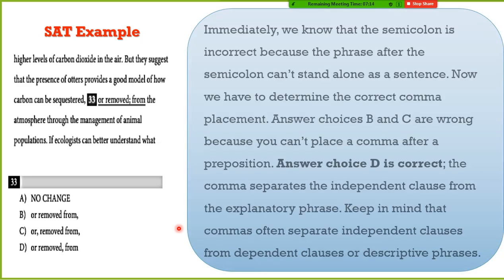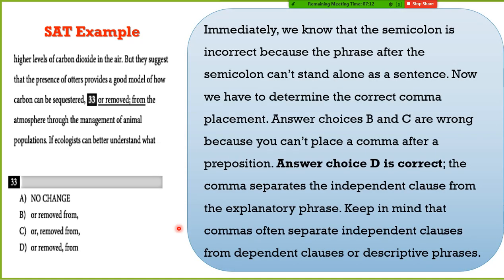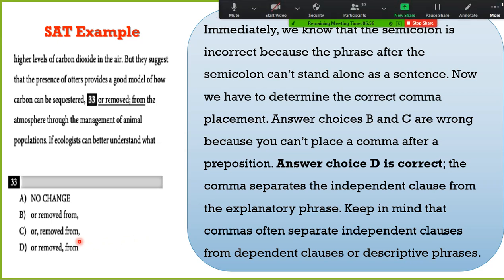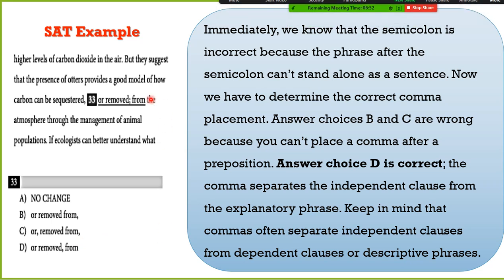Okay. Can you explain why? How can you put the comma after the preposition from? Something wrong here.